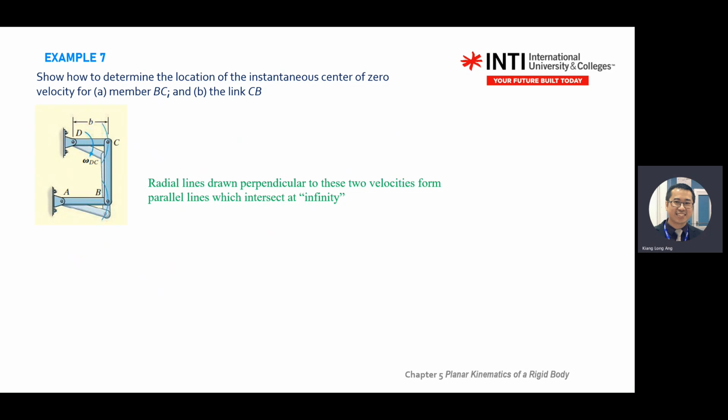Then what do you do? You put your ruler, to find the IC point. You put the ruler like this, at 90 degrees, and this is your IC point. You put your ruler here also. Is there any intersection point? No, the answer is no IC.